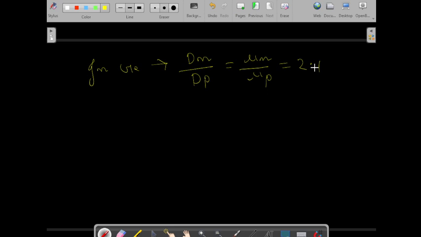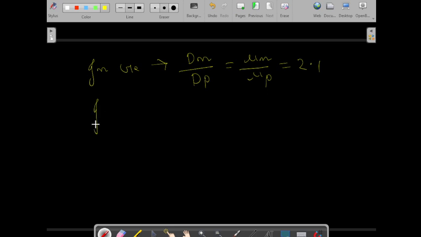So if someone asks you in germanium what is the value of Dn by Dp, in germanium the value of Dn by Dp is actually equal to mu n by mu p, and you already know that mu n by mu p is 2.1 for germanium.